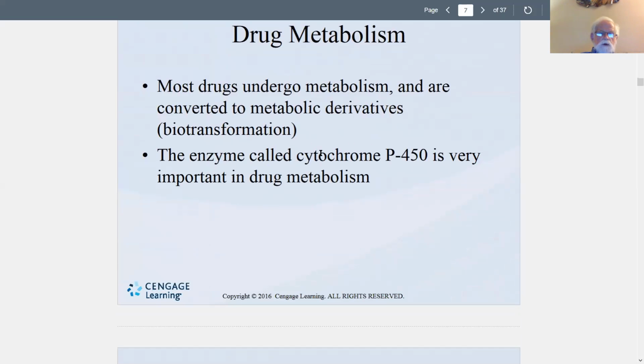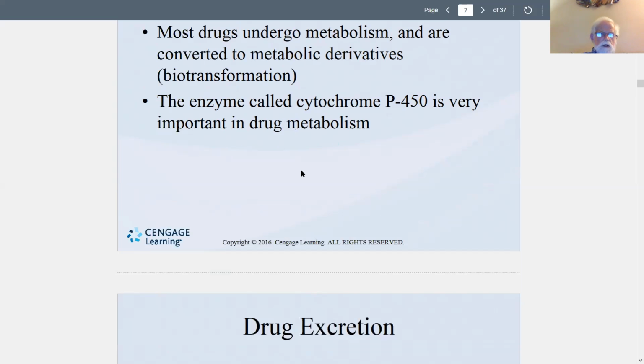In the liver, there is a whole enzyme set of systems that we call cytochrome P450. There are many P450 enzymes, and different drugs are metabolized by different of those P450 enzymes.